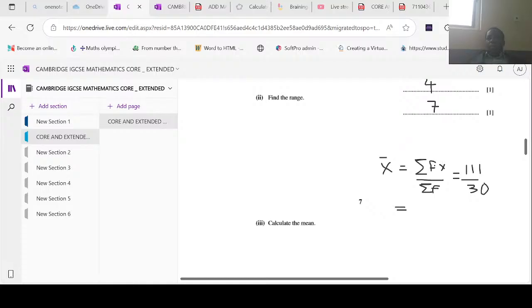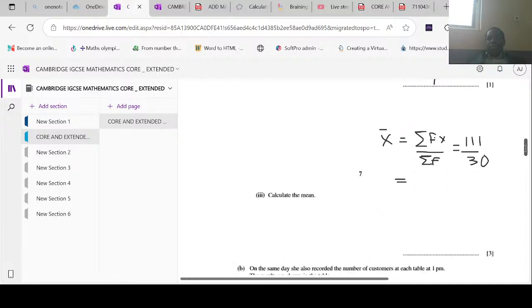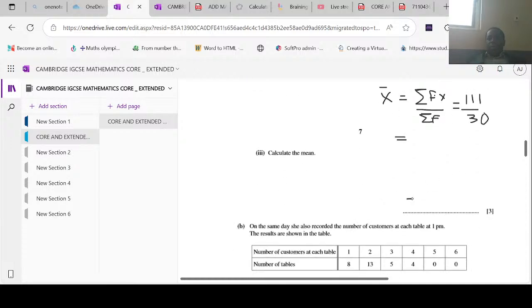So we just take it to 2 decimal places, since we are not given any specification of where to approximate it to. So 3.67.